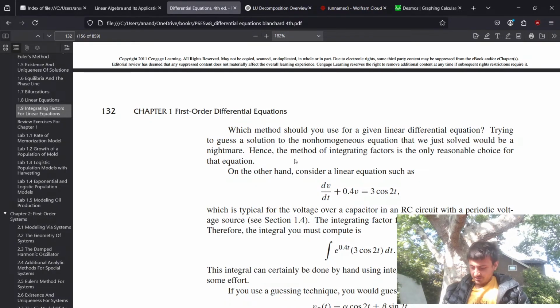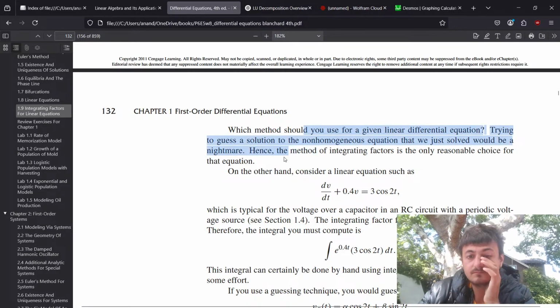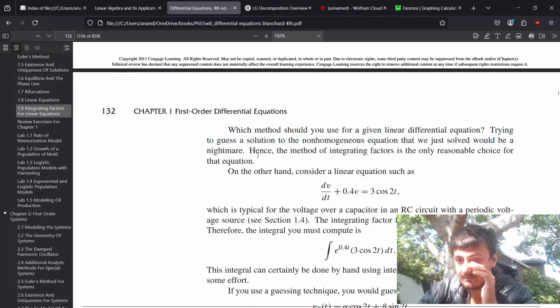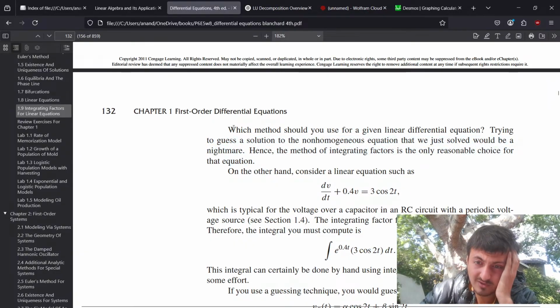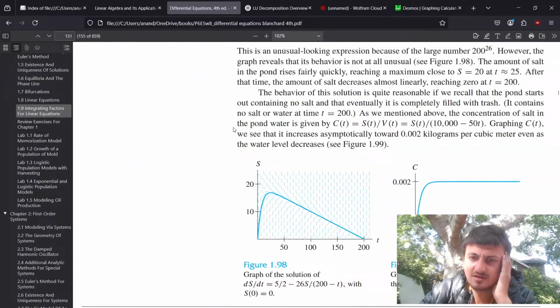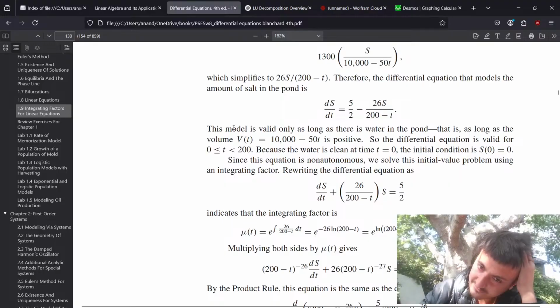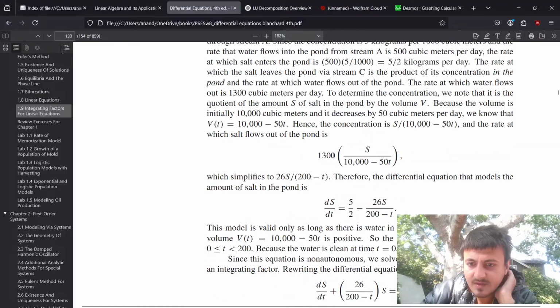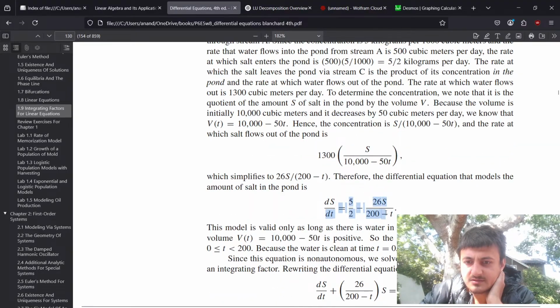Okay, trying to guess would be hard. Hence, the method of integrating factors is the only way. I don't know why it would be hard to guess, but okay. Because honestly, where's the original differential equation? Maybe because there's a.